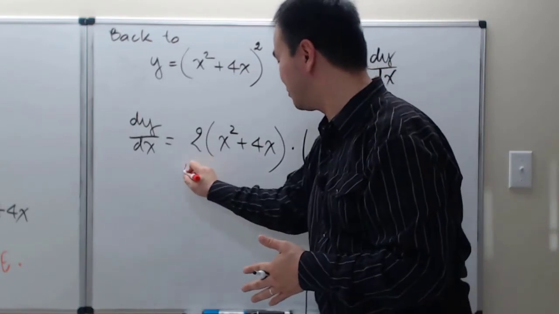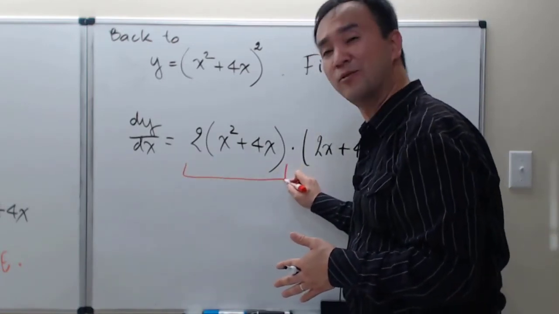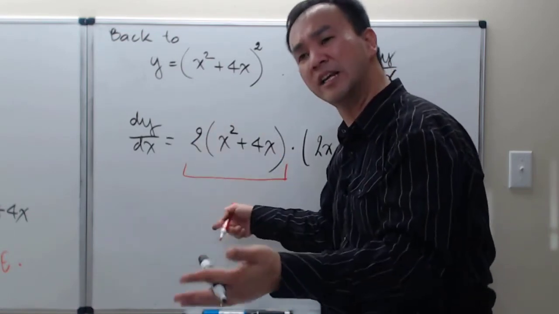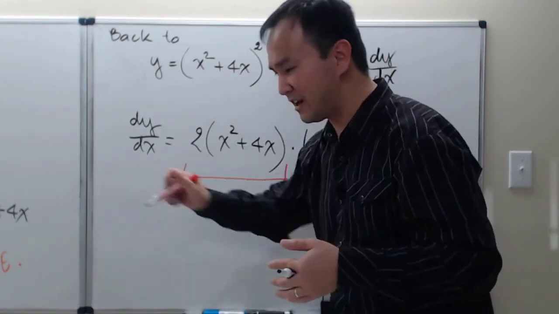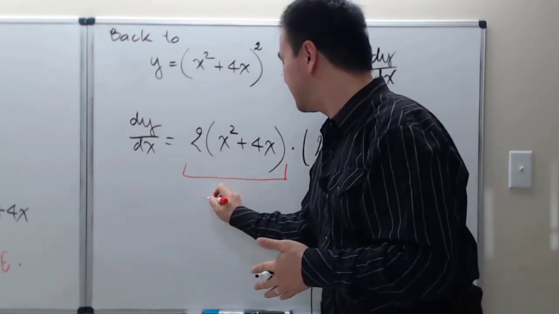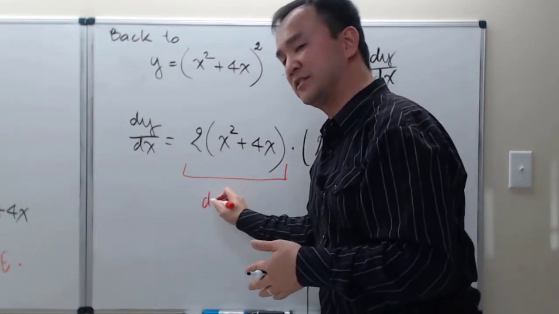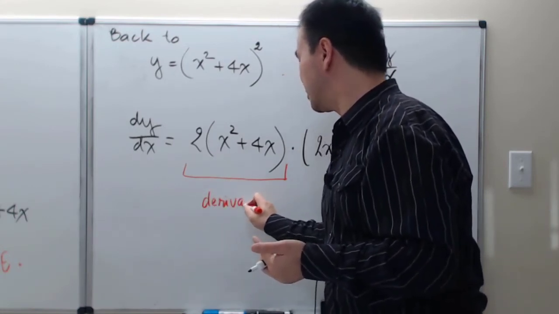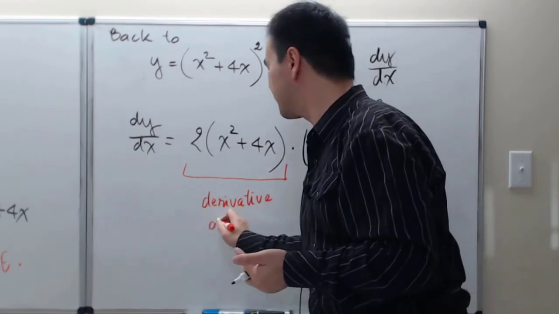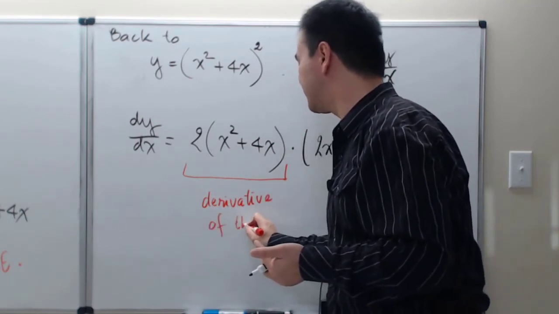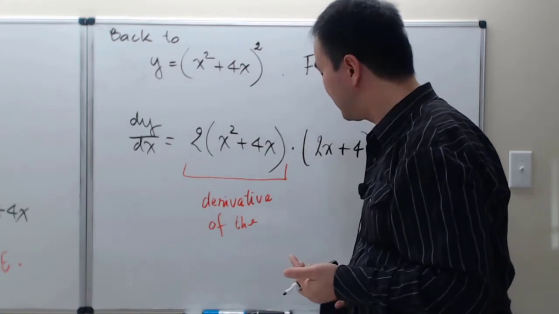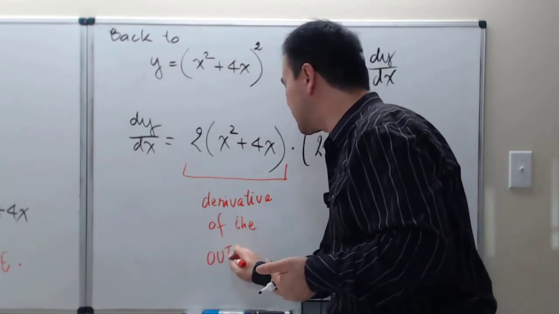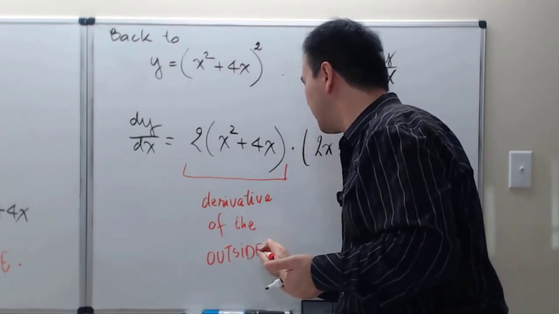But now to bring it a little closer to what I was explaining the whole time, this dy du that's formally written in the formula is understood by many instructors and students, including me, as the derivative of the outside function.